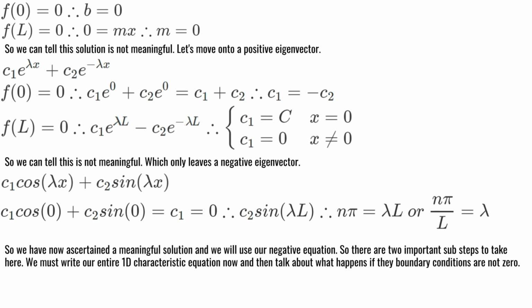Therefore, we're going to stick with a negative eigenvector in terms of our series, aka a positive one initially, meaning that our initial equation should be the second derivative plus some eigenvector times the function is equal to 0, and that means that we're going to have some heat equation that has c sub 2 sine n pi over L times x in it, and that's our solution. That's our meaningful solution.